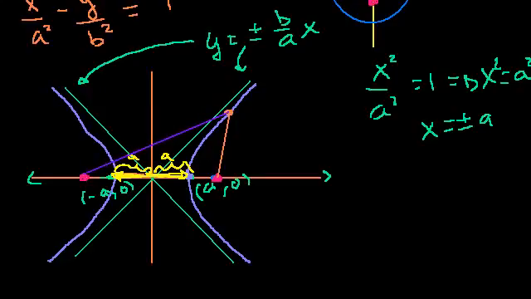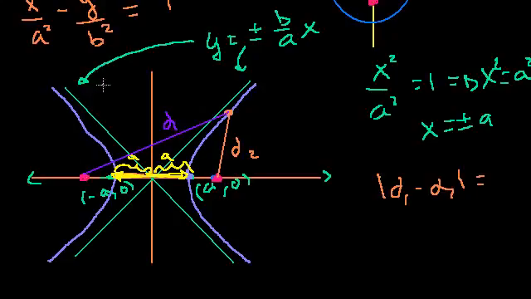If this is d1 and this is d2, we could take the absolute value of the difference, because at some points d1 will be longer than d2 if you're on this curve. If you're on this curve, d1 will be shorter than d2. So the absolute value of d1 minus d2 is going to be equal to a constant. In the ellipse situation, d1 plus d2 was a constant. So they're very closely related.